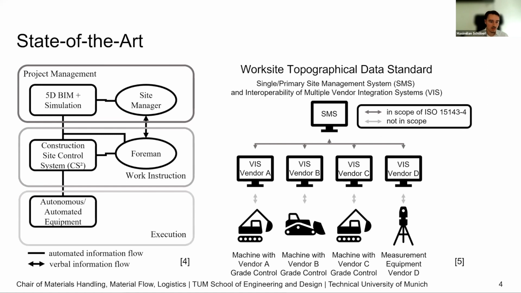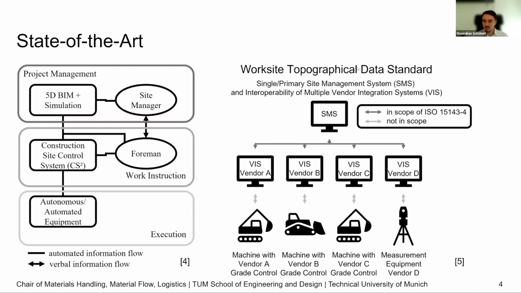Then we have a work instruction level, where a foreman formulates tasks on a daily or weekly basis, and he can have the help of a tool like a construction site control system. And on the execution level, we have autonomous robots or automated equipment, which does the actual task execution.